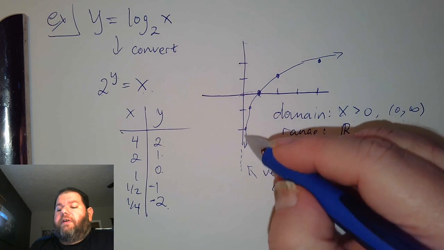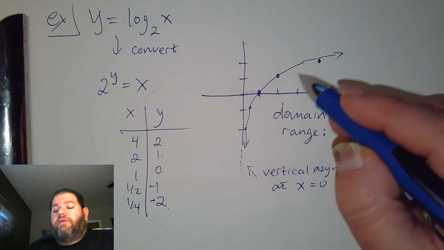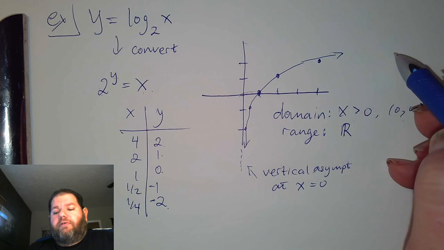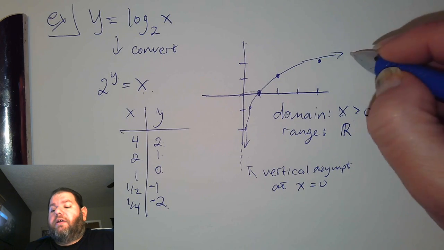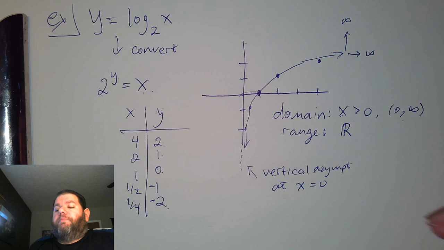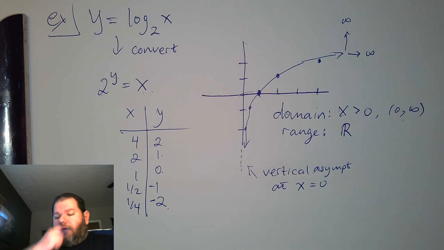Now this one, we can see it goes down to negative infinity vertically. This one, as it goes over to the right, because we have an arrow here, not only does it go to the right to infinity, it also goes up to infinity. But it goes up very slowly. And it looks like it's leveling off, but it's not.